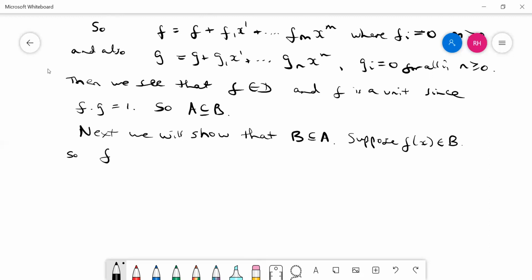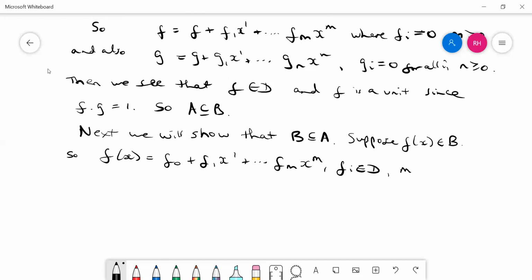So Fx equals F0 plus F1 X1 plus dot dot dot plus Fm Xm, where Fi is an element of D. I'm not going to write "for all i" every time, so that's just understood.